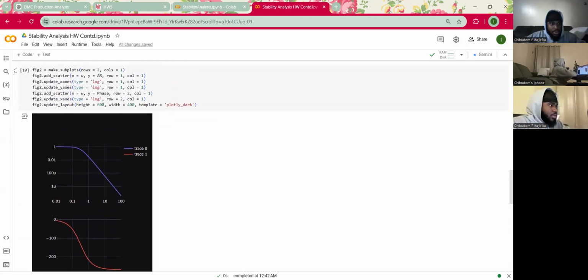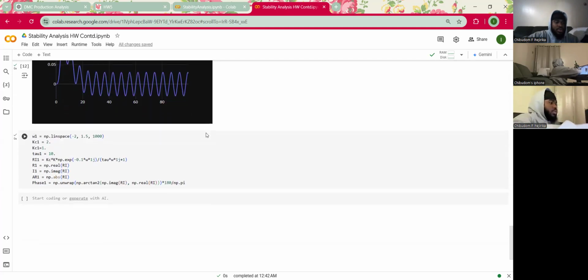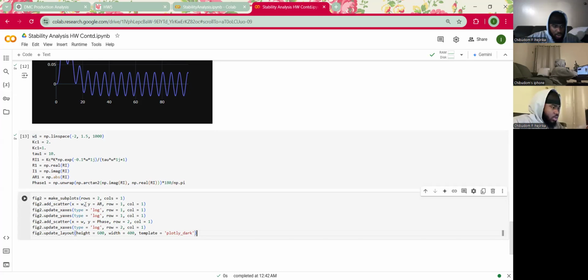So now I'll just copy these that we did here, just to change the figure name. And I also adjust these values as well. So we have YW1, W1 is 1.